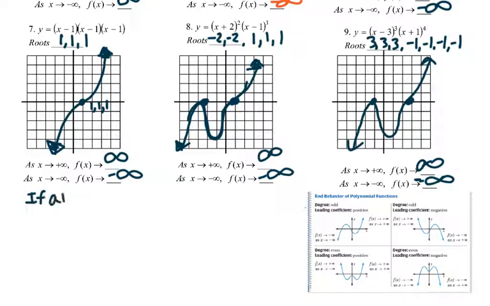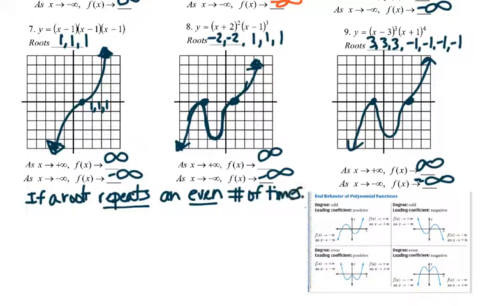The rule is, it's about the number of times the root repeats, not if the root itself is even or odd. If it repeats an even number of times, the graph bounces.